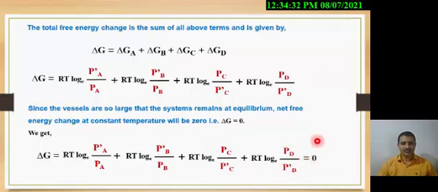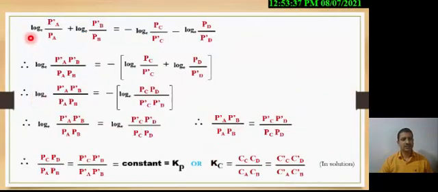At the equilibrium condition, ΔG is equal to 0. Then, by mathematical rearrangement of the above expression, we get ln(P'A/PA) + ln(P'B/PB) = minus ln(PC/P'C) minus ln(PD/P'D).